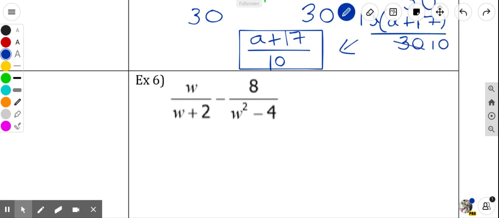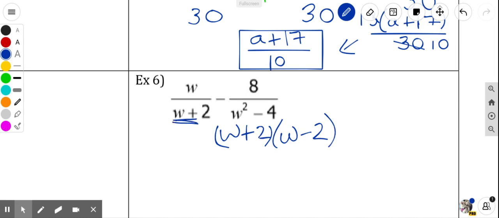Okay, sorry about that. So we do want to factor that. So this is going to stay the same. This one we're going to factor to w plus 2, w minus 2. So now we want to look over here, we have w plus 2, which we have here.